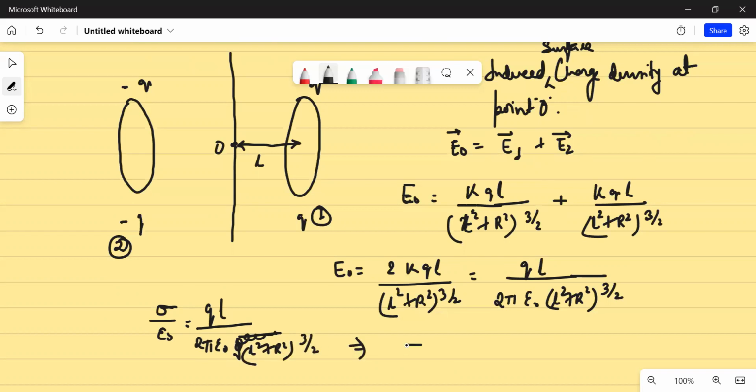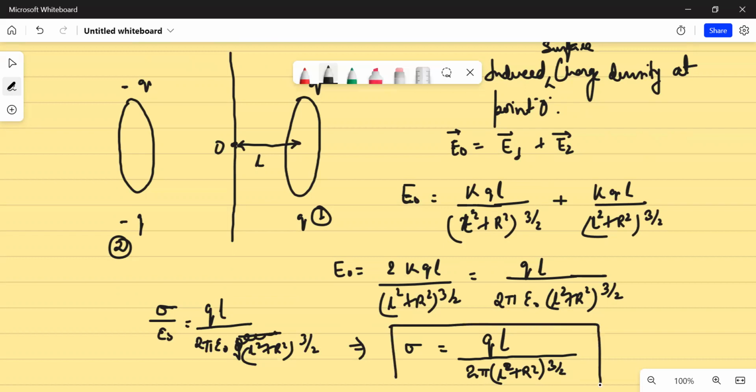And so clearly I can find that my sigma would be equal to Q times L divided by 2 times pi, L square plus R square raised to power 3 by 2. Okay, is that clear?